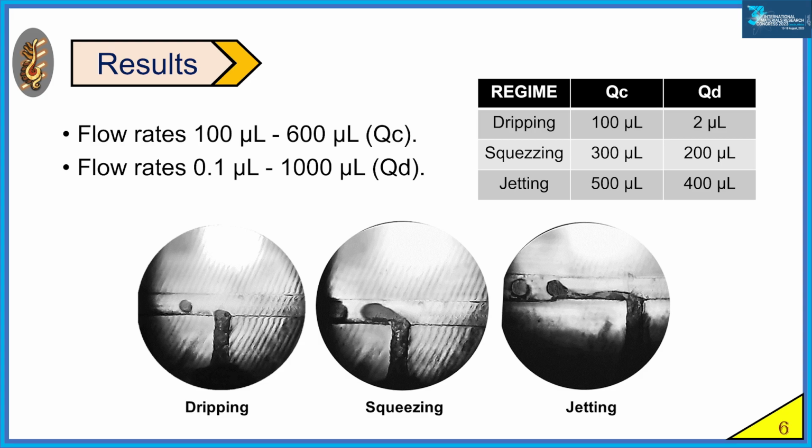As shown in the table, different flows of QC and QD provoke dripping, squishing, or even jetting regimen. The second image shows how dripping is made and how squishing or jetting are shown in the microscope.